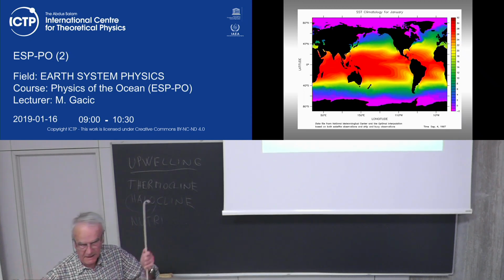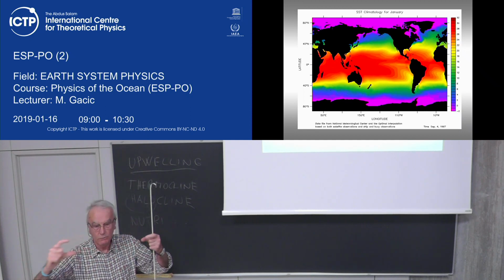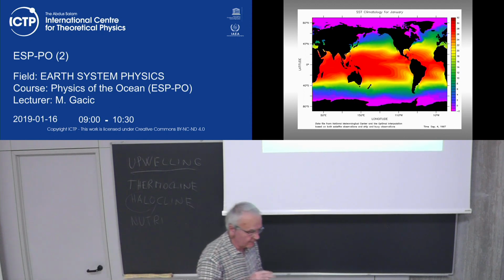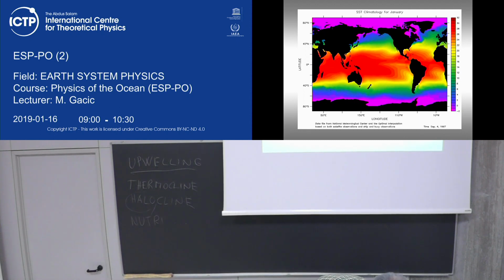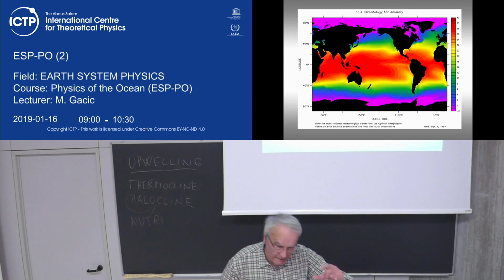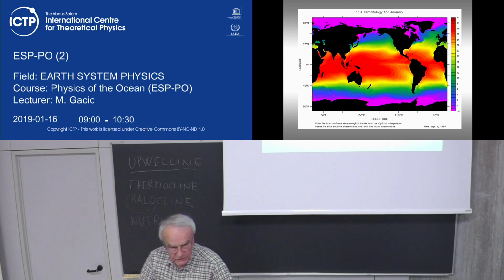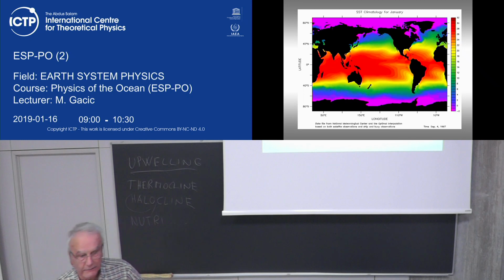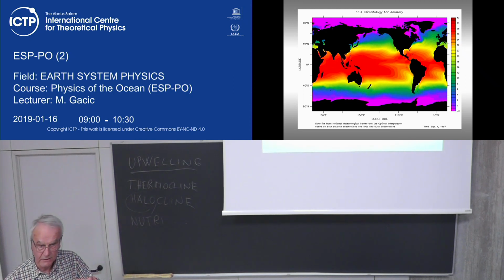If you do the average of summer and winter, then you would get two maxima. You see? Because now if you look at this, yes, see? This is the northern hemisphere summer, and the northern hemisphere winter. See how it moves north and south, and if you do the average of these two, you get two maxima, but they are simply due to the fact that you have the seasonal variations.